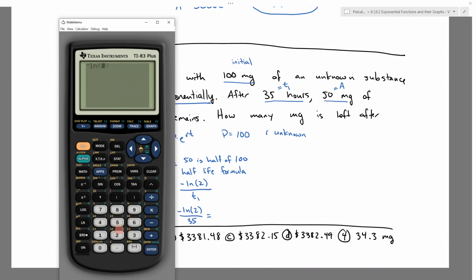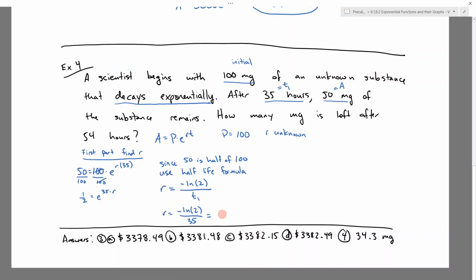So natural log of 2 divided by 35, which is minus 0.0198. Okay, so that's the first part.